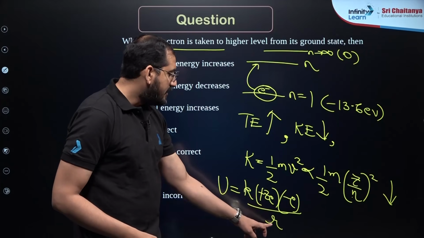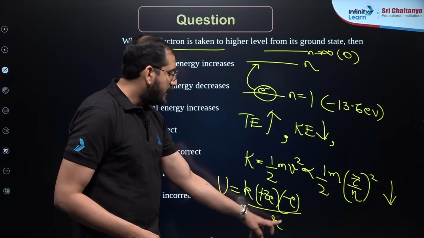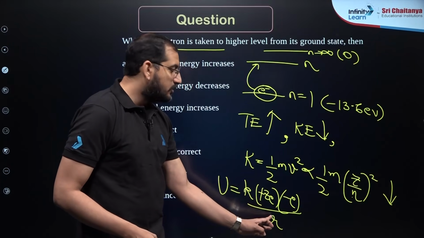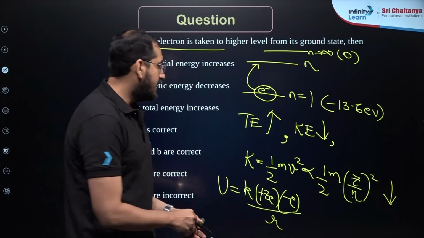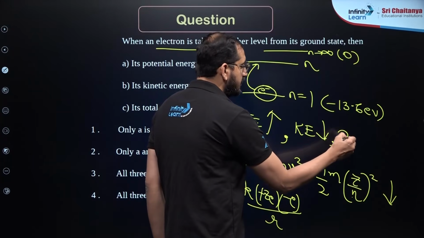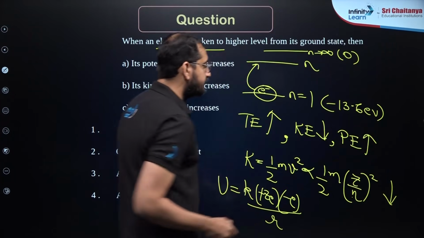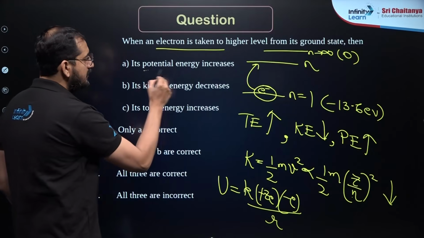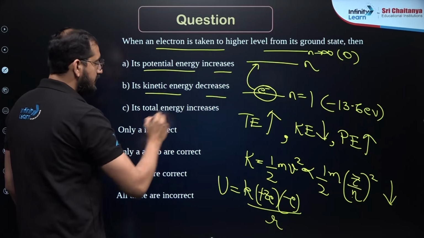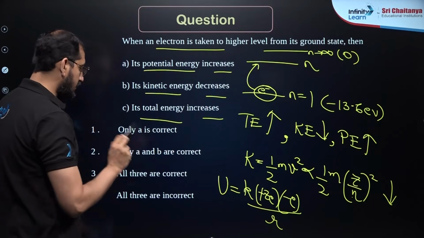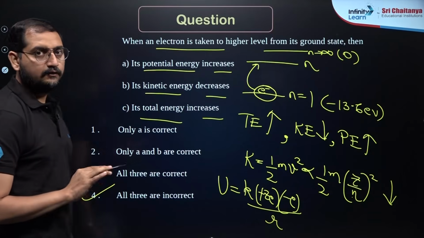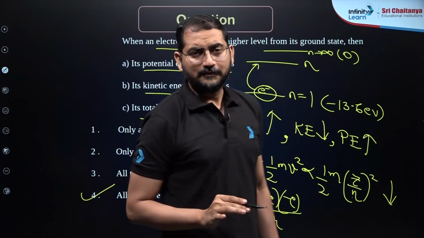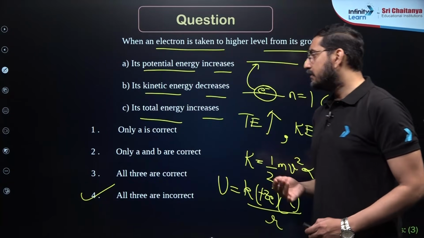R is increasing. So magnitude wise U should decrease, but because of this minus sign, I have to say that potential energy is also increasing. Let's check. Potential increases, kinetic decreases, and total increases. All these statements are correct. Fourth option will be our correct key. Let's go ahead to our next question.